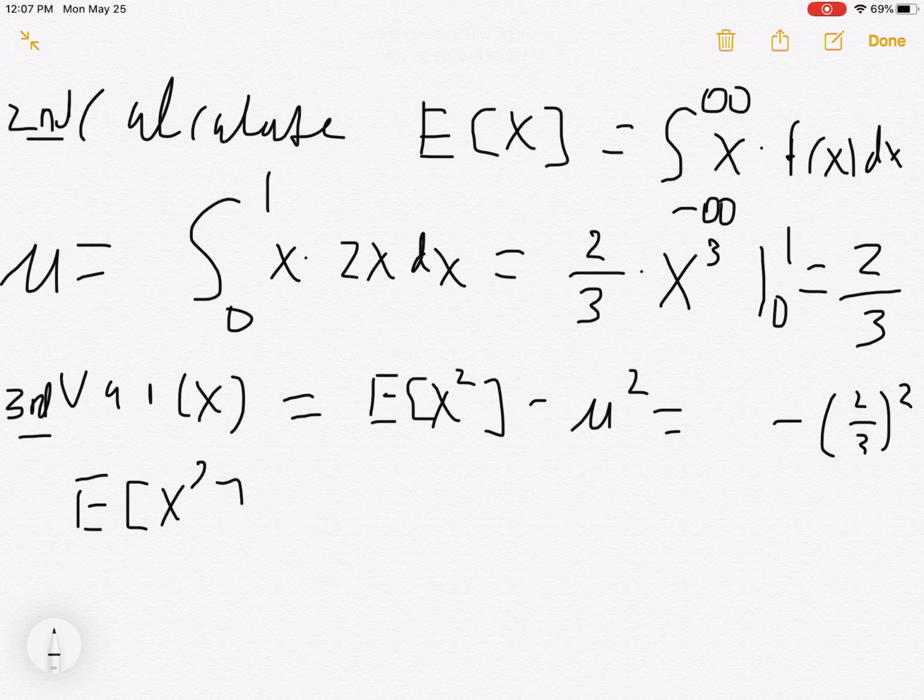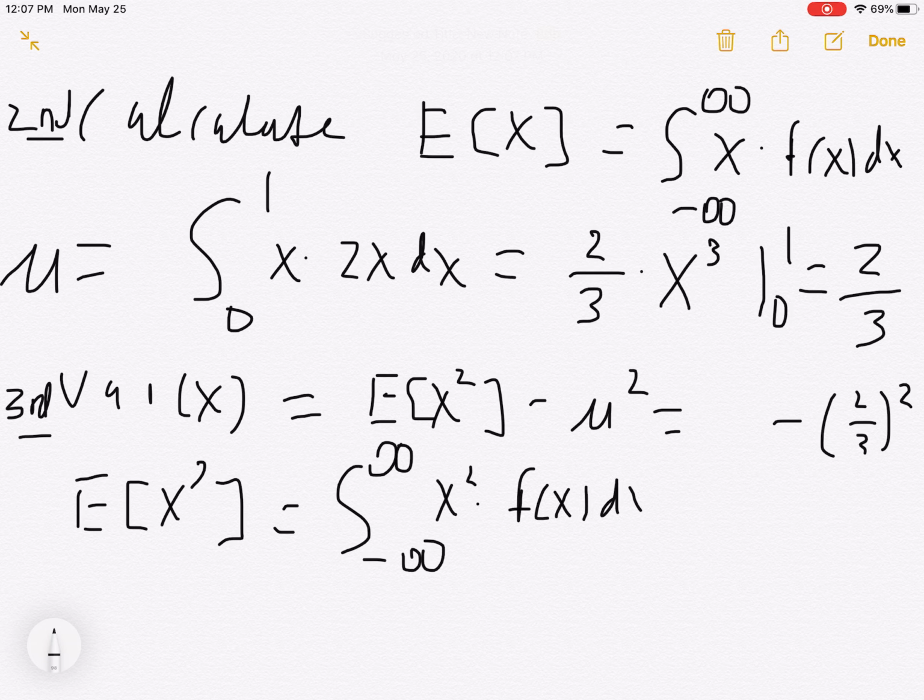E of X squared is going to be this integral from minus infinity to infinity of x squared times f of x dx, which is going to be the integral from 0 to 1 of x squared times 2x dx.